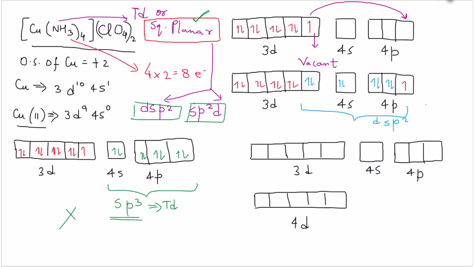But it was also found experimentally that this particular complex with +2 oxidation state of copper is highly stable and not very reactive. That stability couldn't be justified by this kind of arrangement, by the dsp2 hybridization. Why couldn't it be justified?